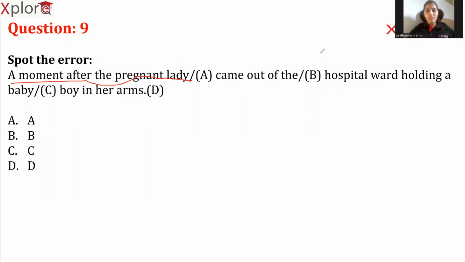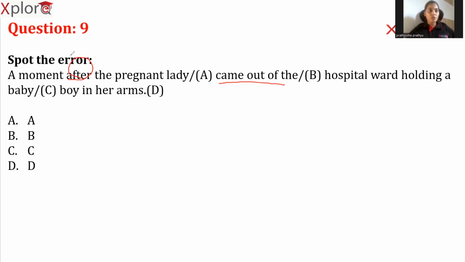A moment after the pregnant lady. The exact error is the term after. A moment after means the term after refers to another, a second action. But here we are talking only about one particular action where she came out. So we need to use later. A moment later means after a moment.